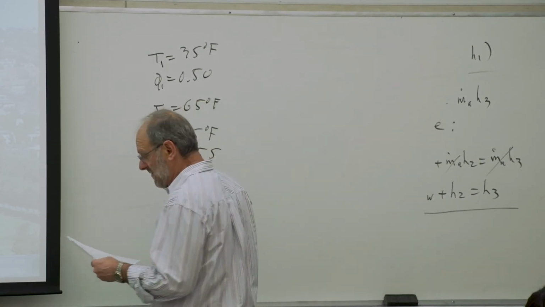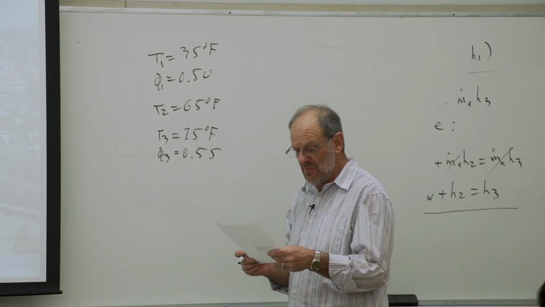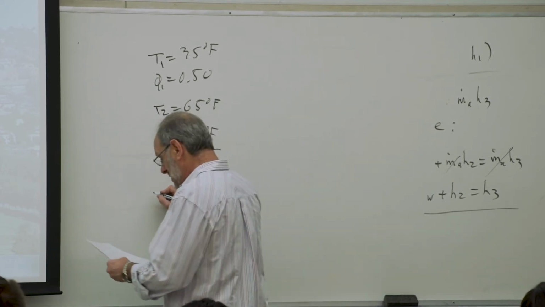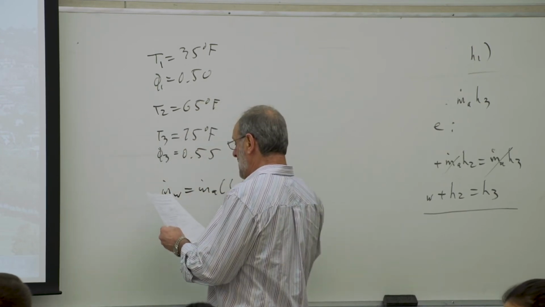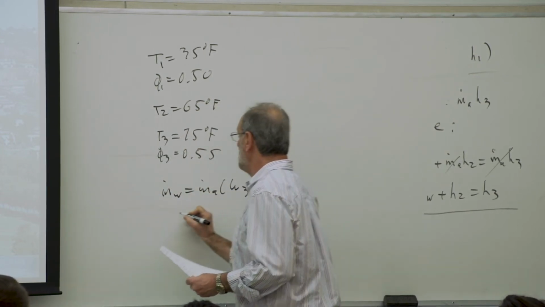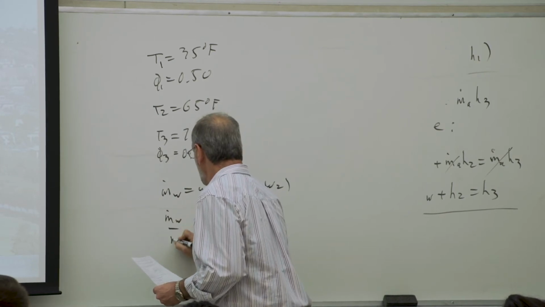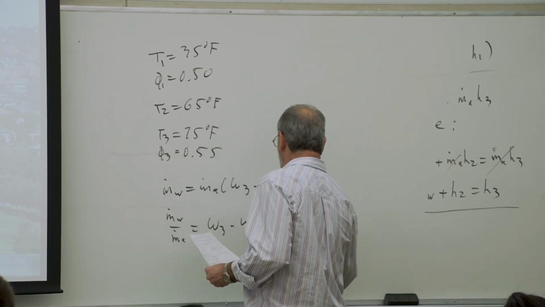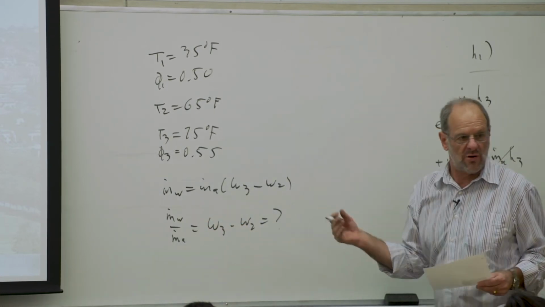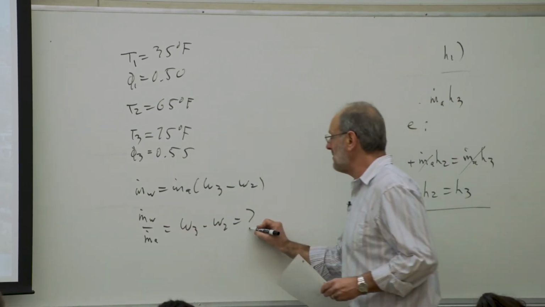Now, what are we trying to find here? Steam added per unit mass of air. So basically from the equation m dot w equals m dot a times omega 3 minus omega 2, m dot w over m dot a is really what we're trying to find. It's the ratio of the amount of water to the amount of dry air. So that's one of our unknowns.